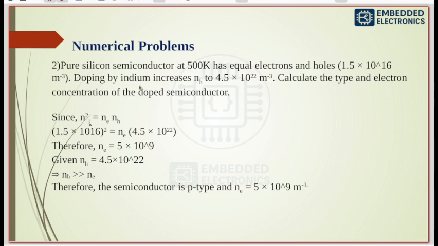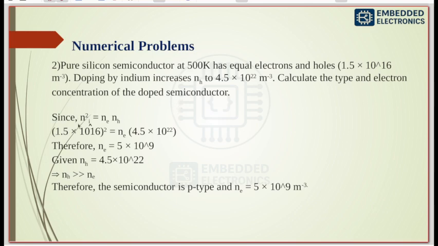Doping by indium increases NH, the number of holes, to 4.5 into 10 to the power 22 per meter cube. Calculate the type and electron concentration of the doped semiconductor.